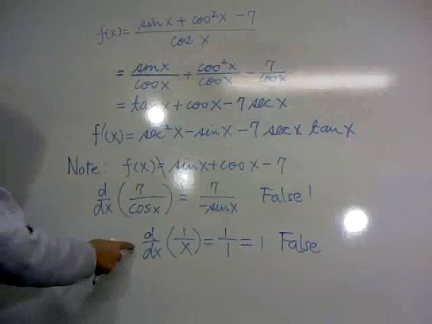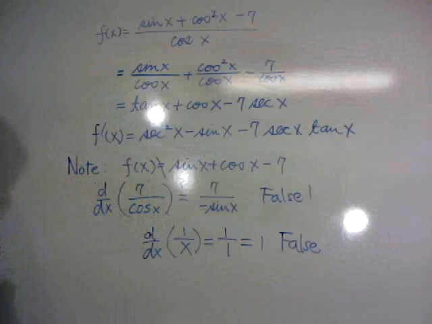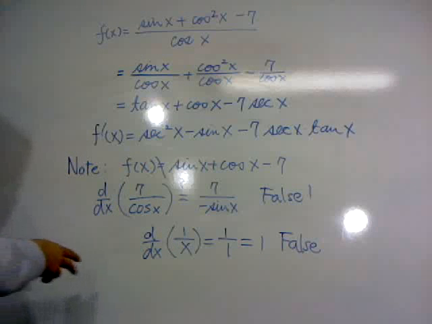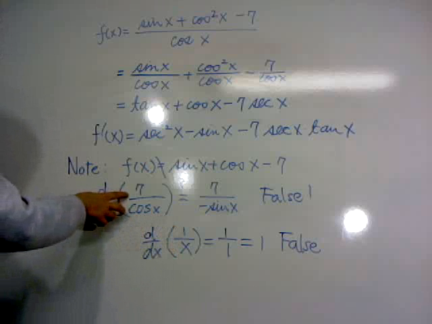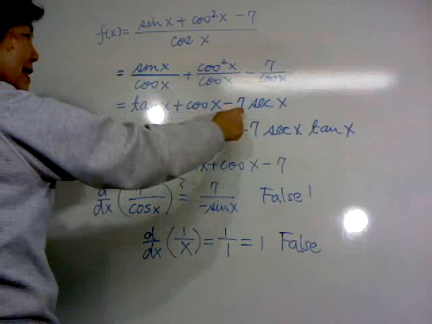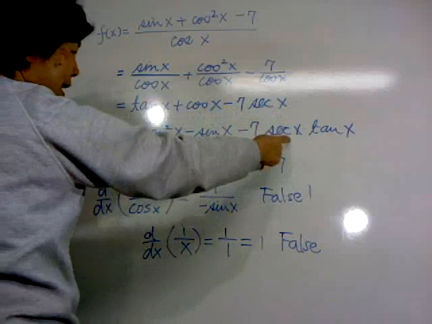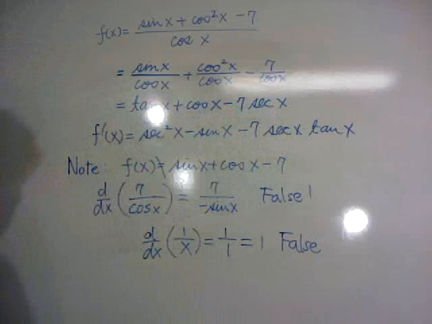As you see, you cannot differentiate just the denominator by itself. If you want to keep it in this form, you are going to use the quotient rule, or you are going to use the power rule correctly. And this way, 7 over cosine x, either you change this one to negative 7 secant x, like this, or if you want to keep it this way, you use the quotient rule.